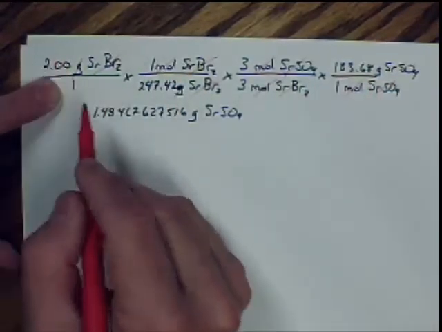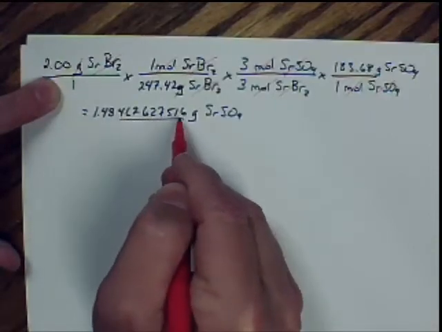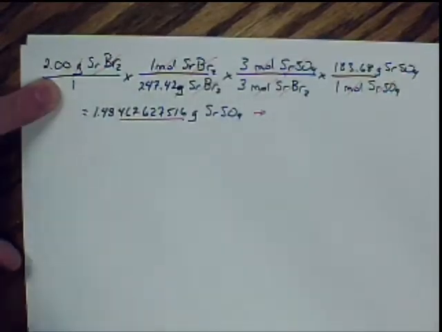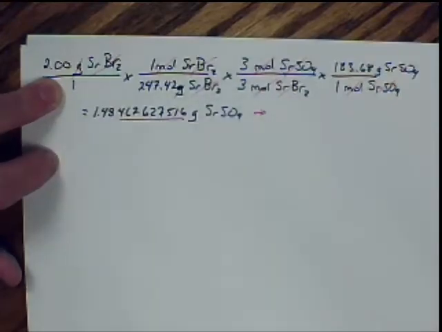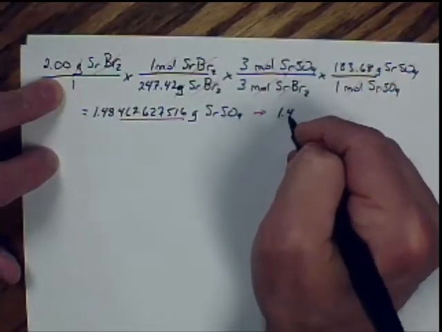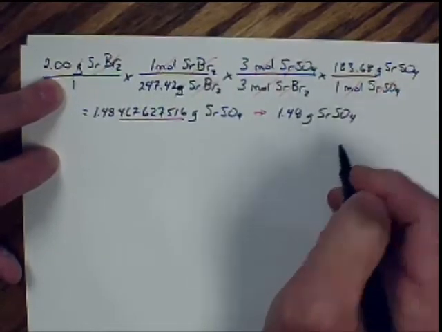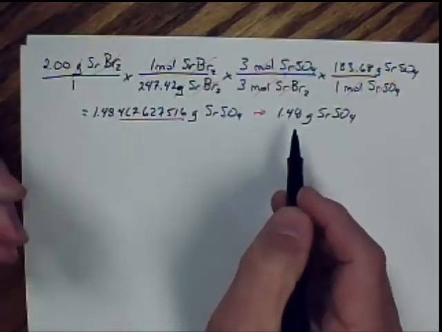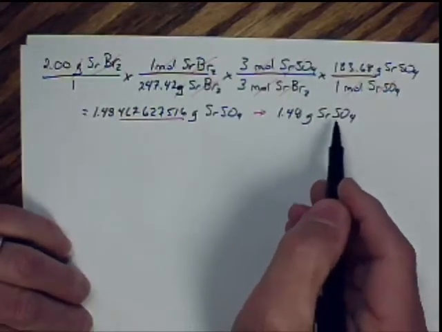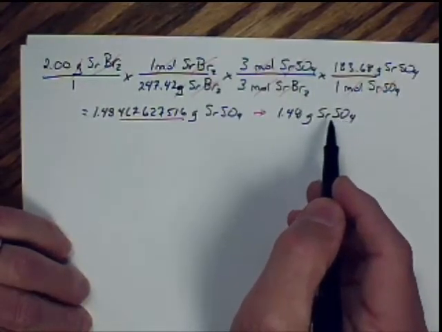So there's 3 in this one, that's the least digits. Underline everything after the first 3 digits. Draw an arrow to show that we're rounding off. And we have 1.48 grams of strontium sulfate. That's theoretically how much strontium sulfate will be produced in this chemical reaction.